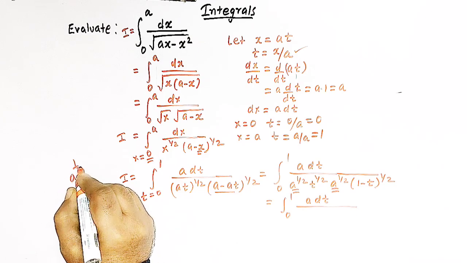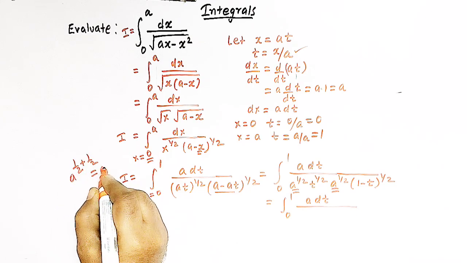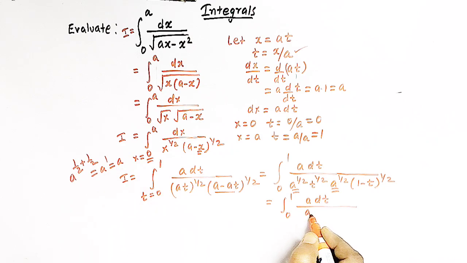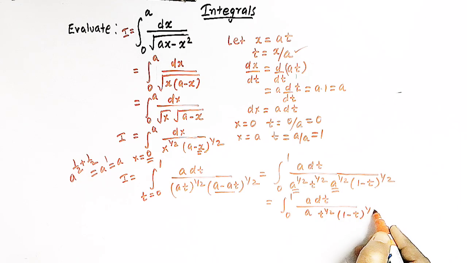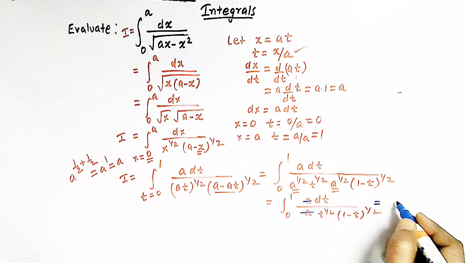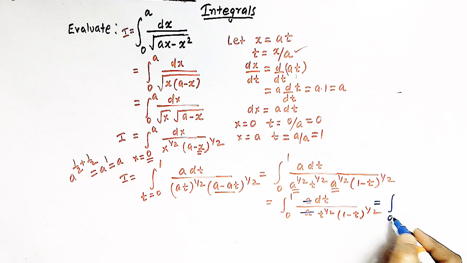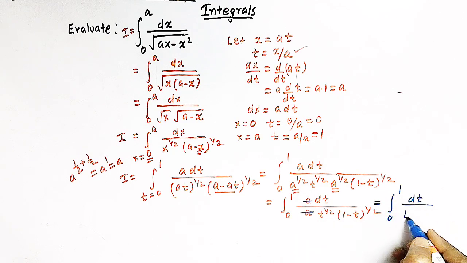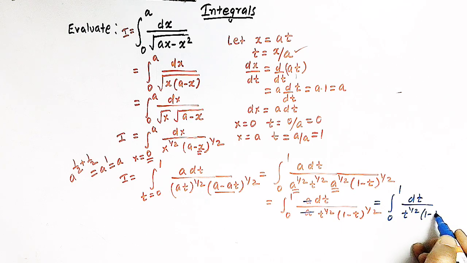So this is a raised to half plus half, that is a raised to 1, that is a. So here we have a, and here we have t raised to half times 1 minus t raised to half. So now we can cancel this a and this a. So we are now left with 0 to 1, and here we have dt over t raised to half and 1 minus t raised to half.